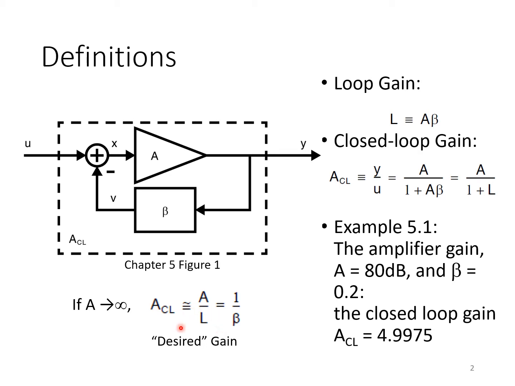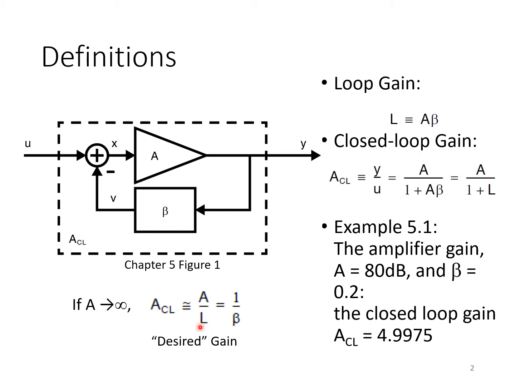Secondly, the open loop gain L is something that's usually a lot easier to identify and determine than it is to isolate the gain of A alone. But if we know 1 over beta, the desired gain, and we can find the open loop gain, the loop gain L, which is the product A beta, then we can simply infer A from those two facts.